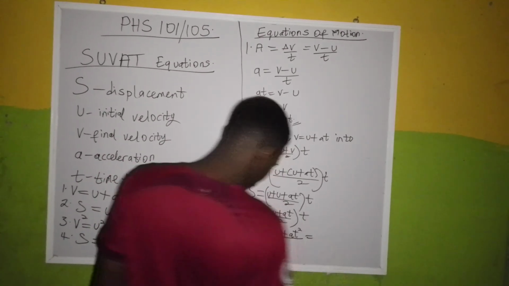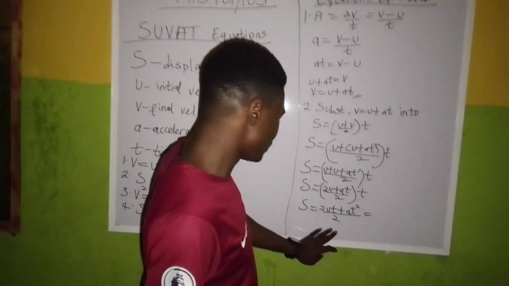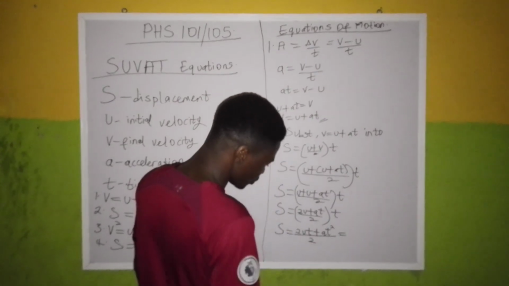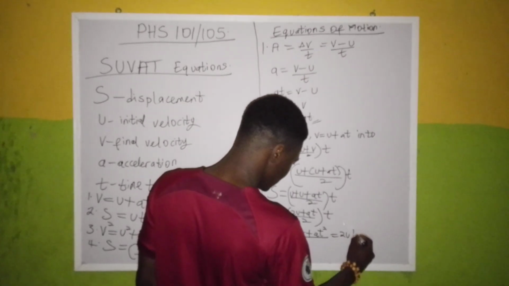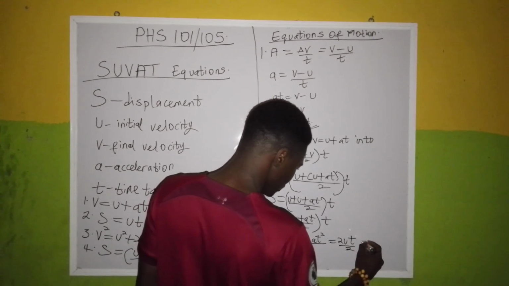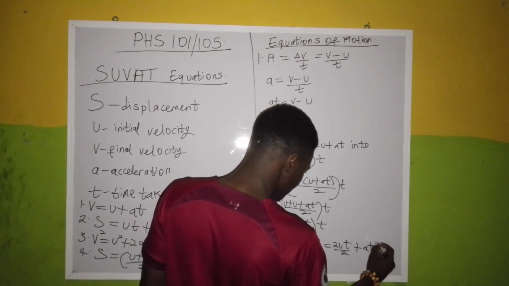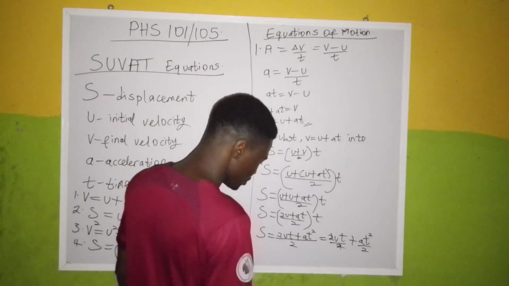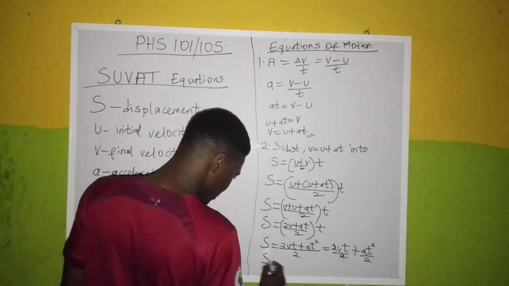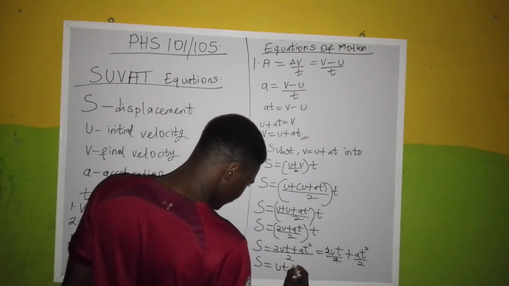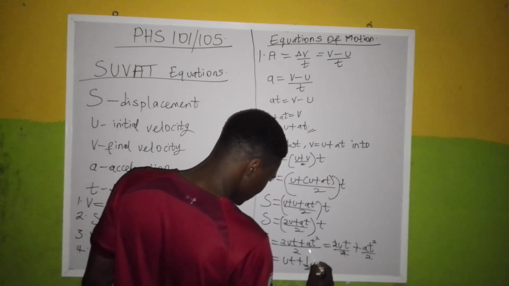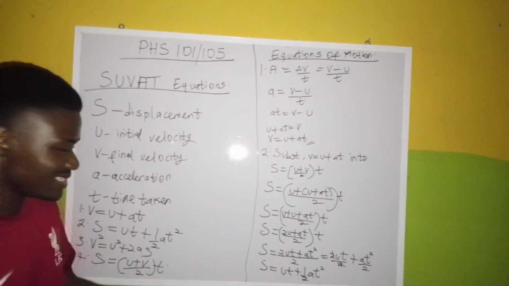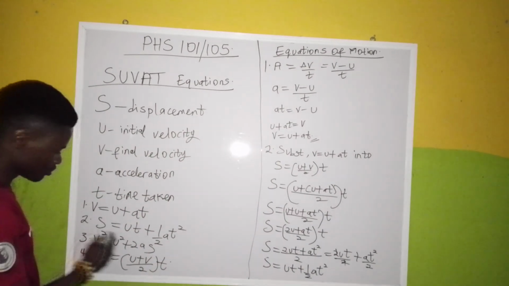Breaking this down further, we have 2UT over 2 plus AT squared over 2. Cancelling the 2, that leaves us with S equals UT plus half AT squared. So we have just proved the second equation of motion.